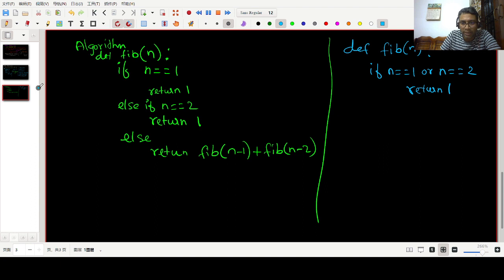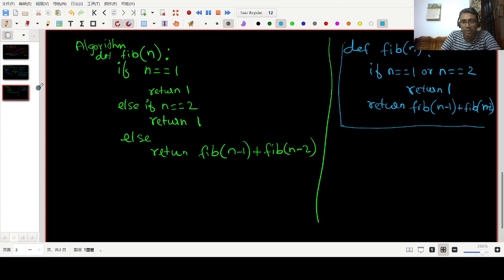Otherwise I'll be returning fib of n minus 1 plus fib of n minus 2. Simplified. So this is the recursion function. This will do the entire trick. This is how you have to define the algorithm.